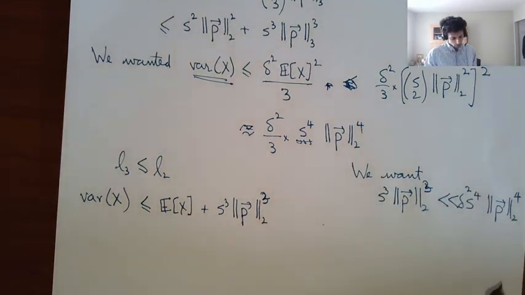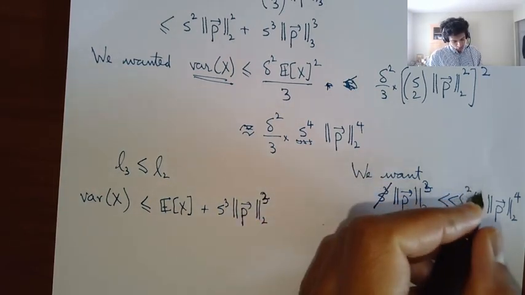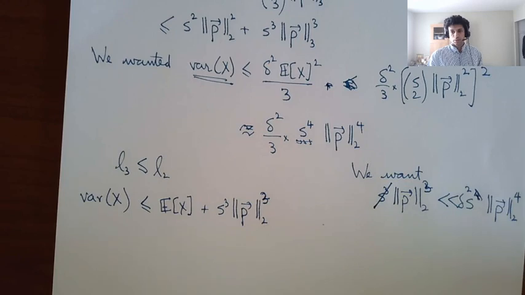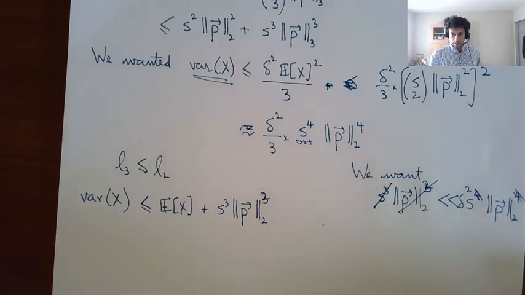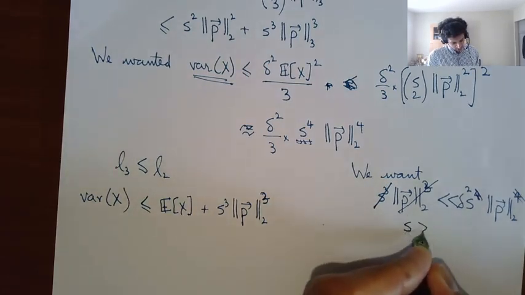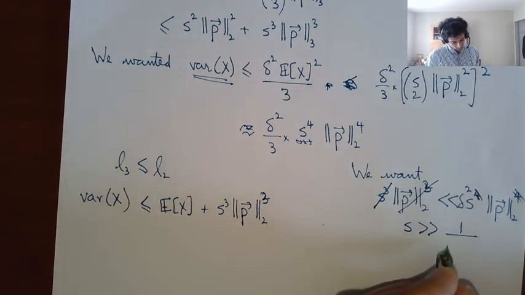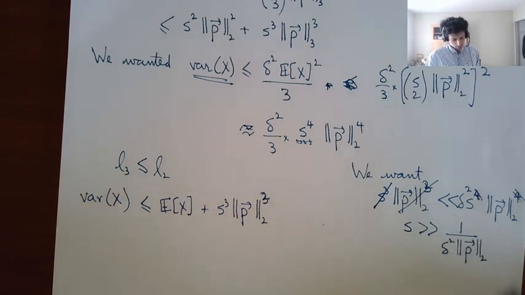If you move things around, the S cubed cancels out with that, this cancels out with that, and what you get is that S essentially needs to be 1 over delta square times the 2 norm.